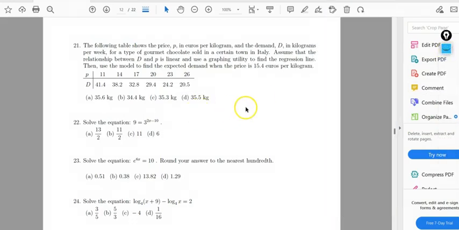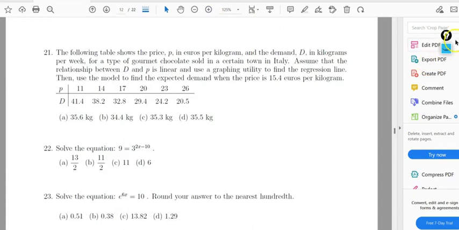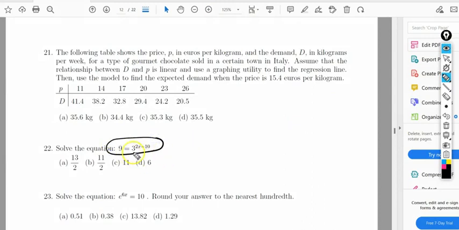All right. Now, for number 22, 9 is actually 3 squared, and if I rewrite this as 3 squared, I have the same base on both sides.